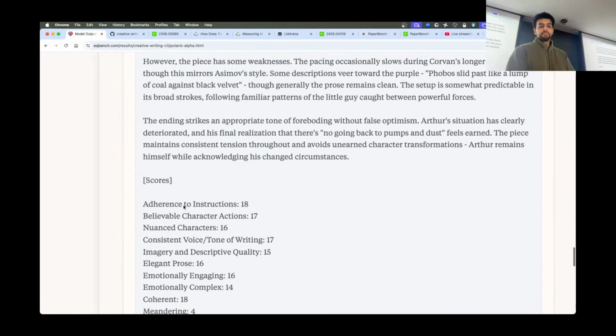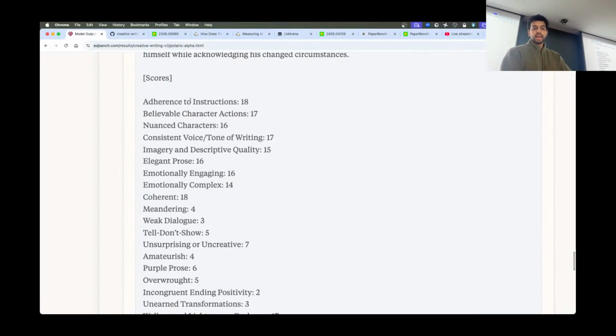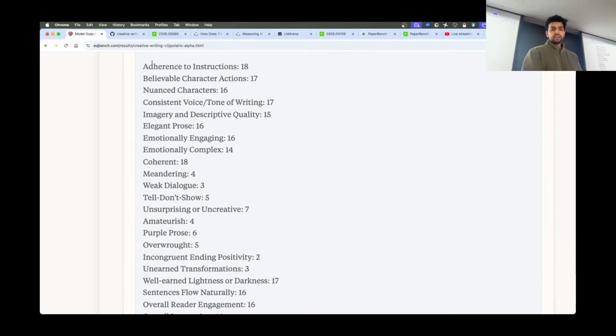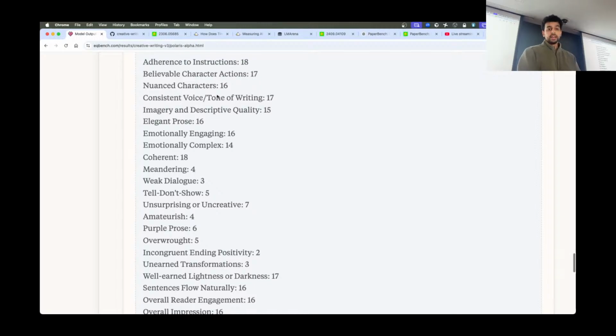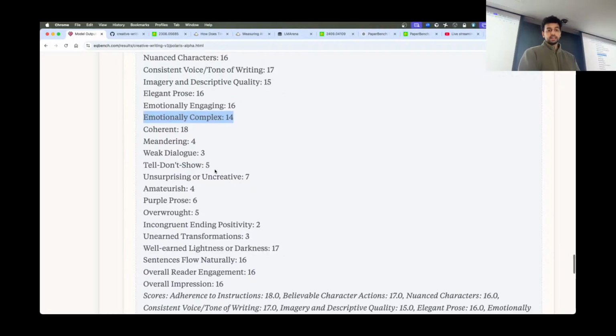Okay, so here at the end we have the scores. For all of these different categories, the LLM is asked to grade the story from a minimum of 0 to a max of 20, I think. Here it was pretty good at adhering to instructions, maybe not so emotionally complex.